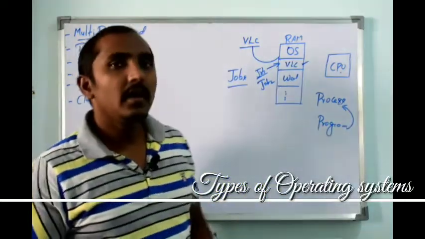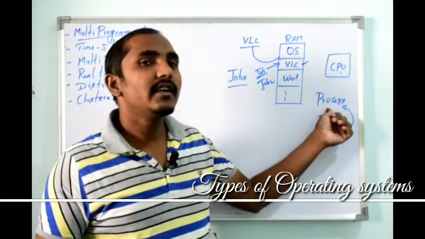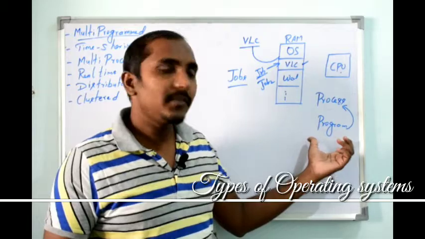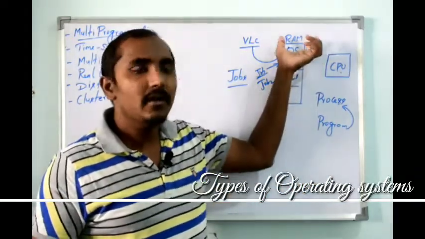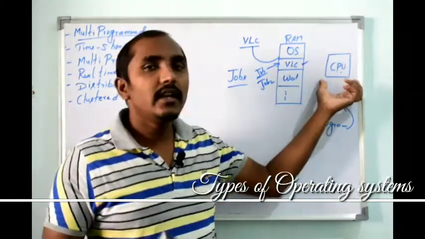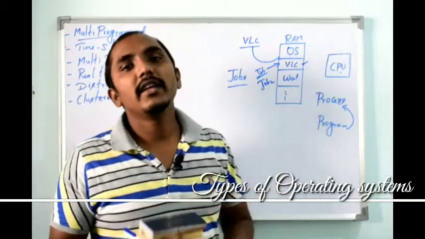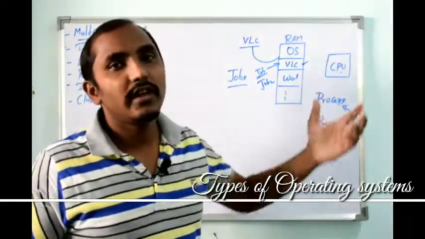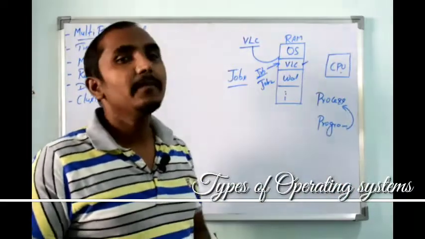Any program under execution is considered a process. Whenever you want to execute any program, it has to be loaded onto the RAM, and the CPU will select one program and execute it. This is how your execution will be done.